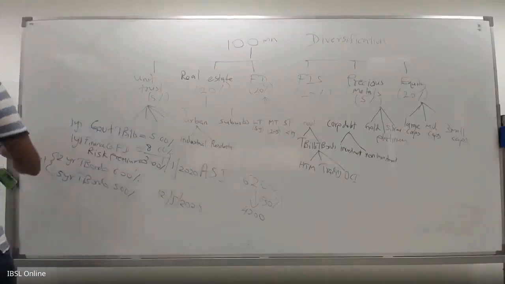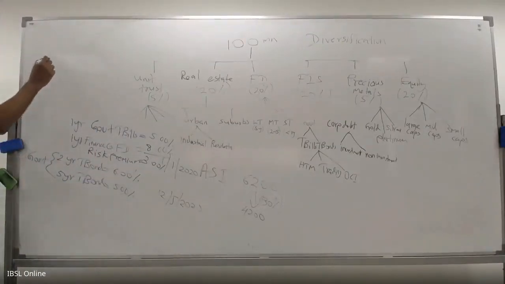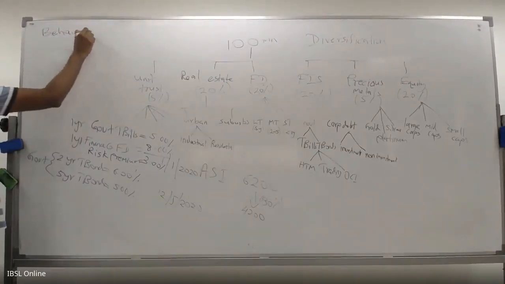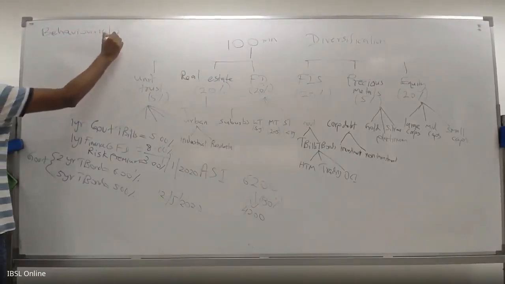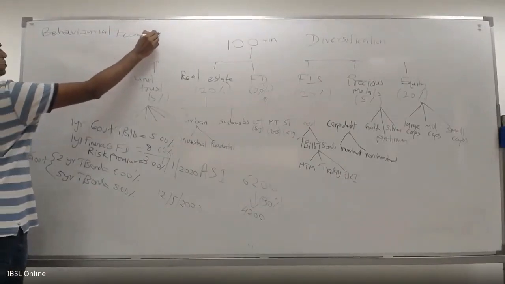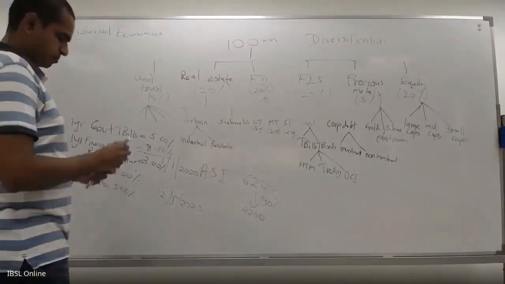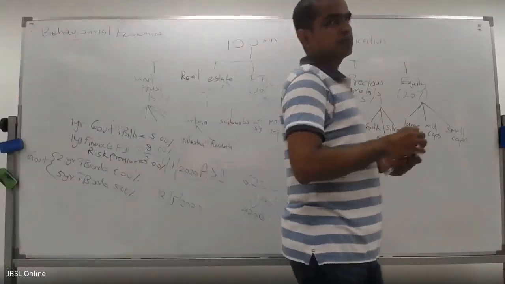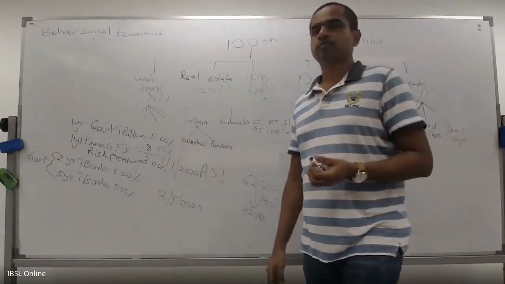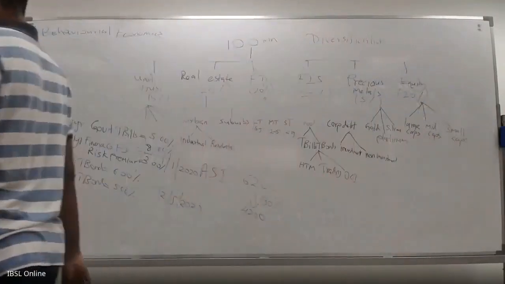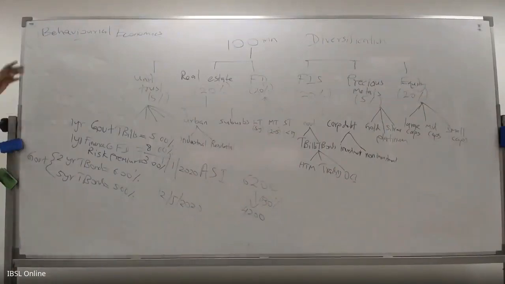According to behavioral economics, there are 4 types of investors. Behavioral economics deals with how investors think, the psychology of an investor.